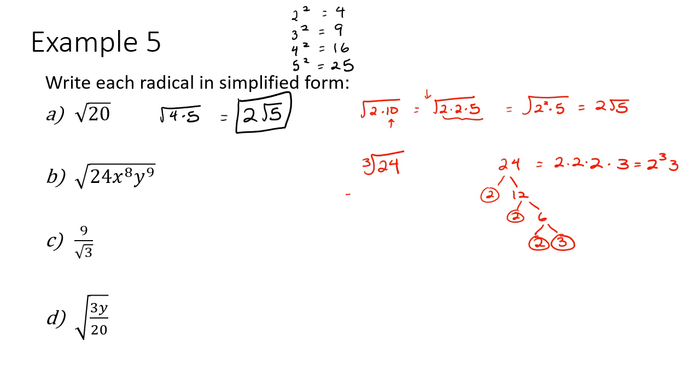So you actually could simplify this because you have a triple of numbers in this case, right? 2 squared is not good enough to pull out of a cube root. You need 3 of them this time around. And so the cube root of 24 you could write as 2 cube roots of 3. And again, if you were looking at a list of perfect cubes, you would find the thing you could divide quite early on, because 2 cubed is equal to 8, and 8 divides cleanly into 24.